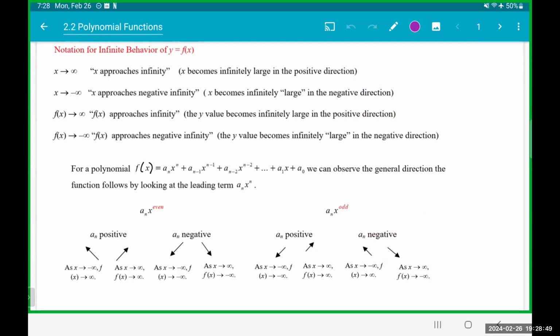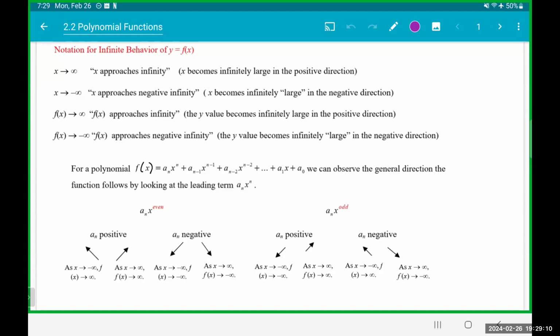So what we have here is, when you see this X and then an arrow to something, that is just saying X approaches infinity. Instead of saying X arrow infinity, just think of the arrow as being replaced with the word approaches.